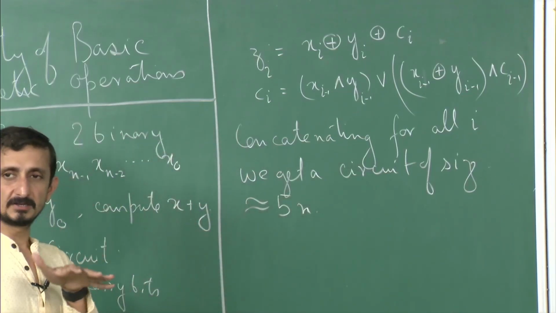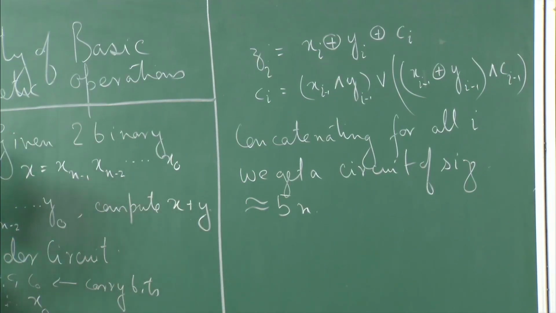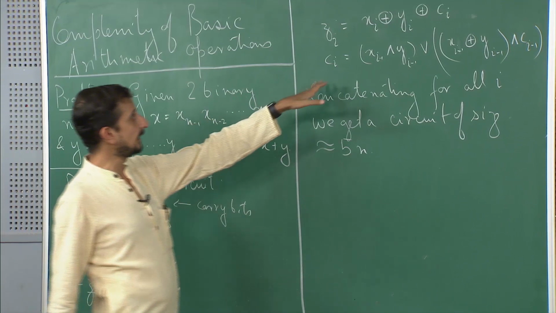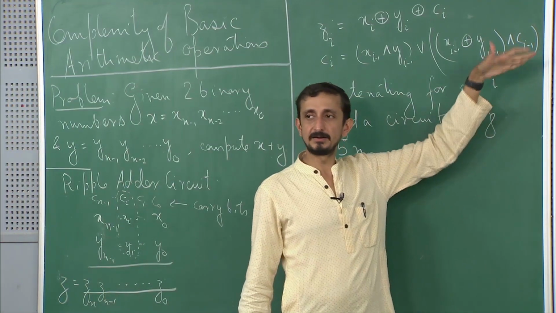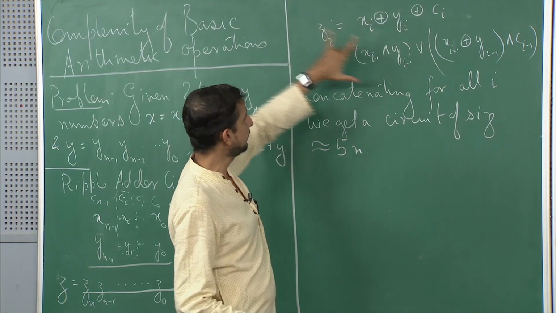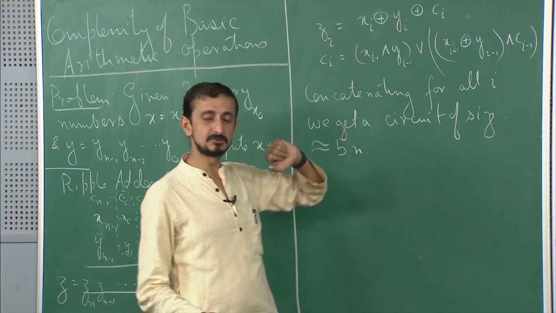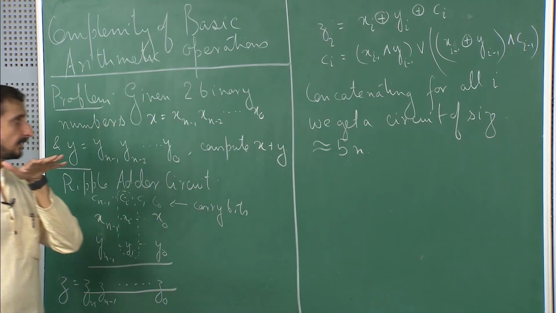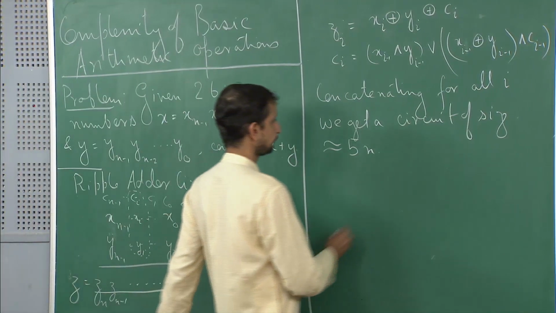And what will be the depth of the circuit? The problem is, for each i, observe that z_i and c_i depend on c_{i-1}. So until I get c_{i-1}, I cannot proceed. The individual depth over here is 2, but for n levels the depth will be twice n.